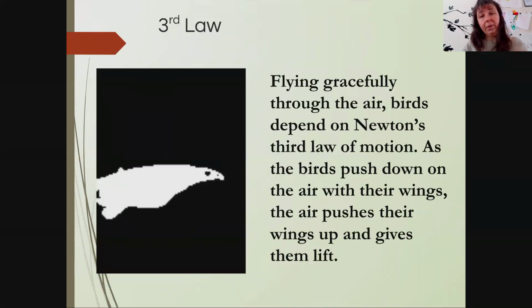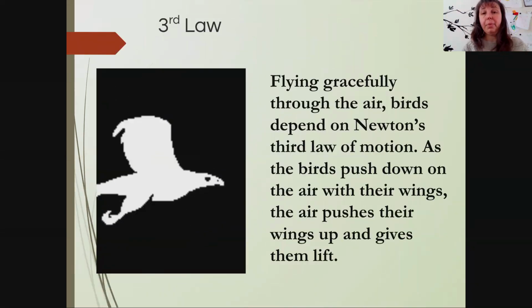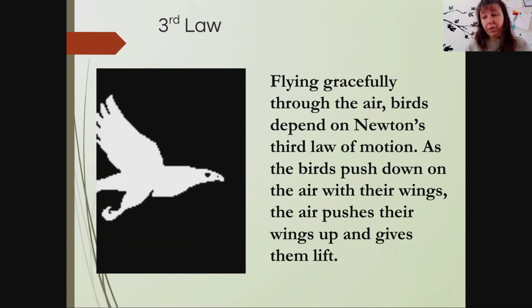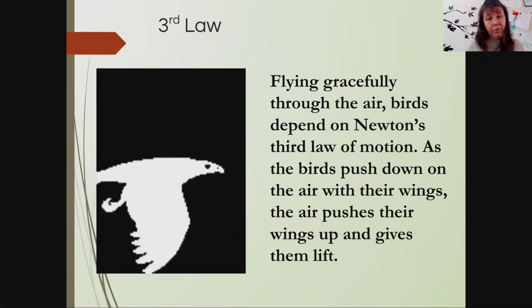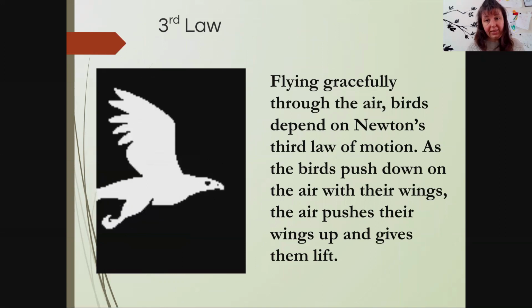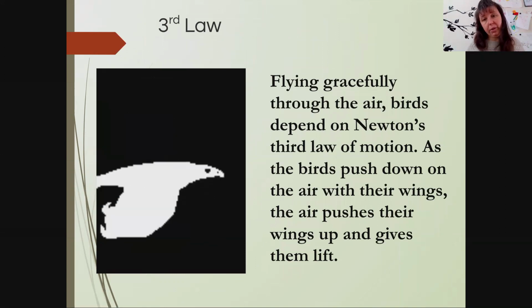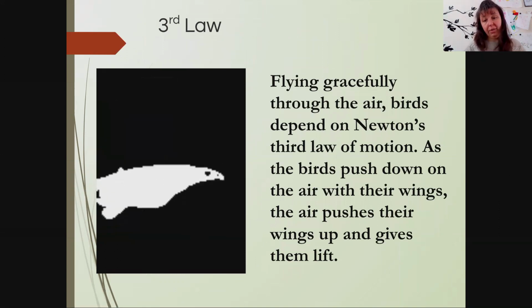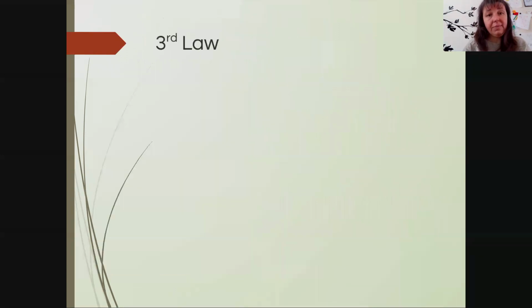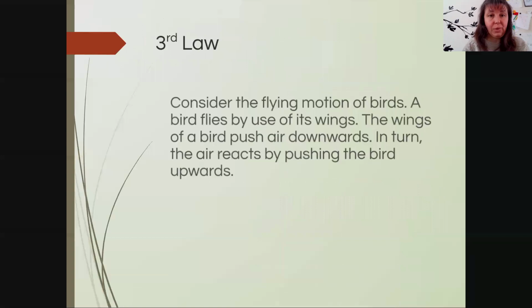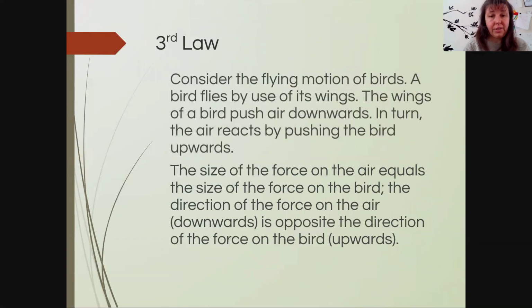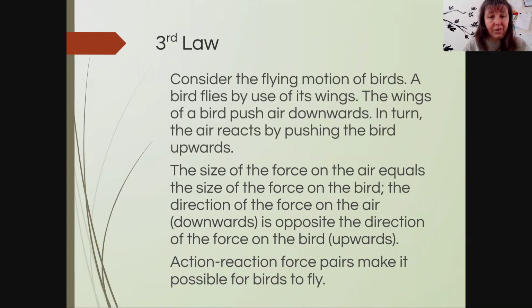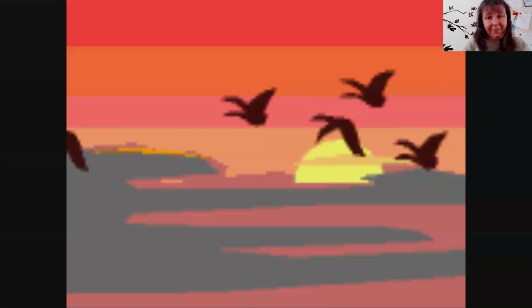Another great example in nature is in bird flight. When birds are flying, they push down with their wings, and the air pushes back on the bird with the same force that the bird's wing pushed down, giving them lift as they're moving through. And this is just an explanation of how it works in more eloquent language than the simple way that I'm putting it.